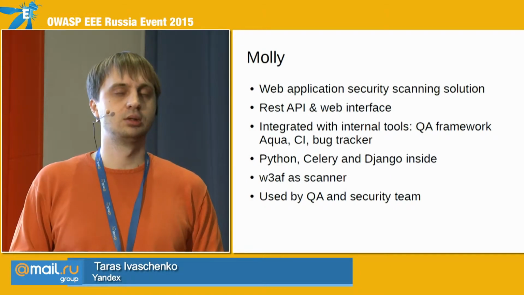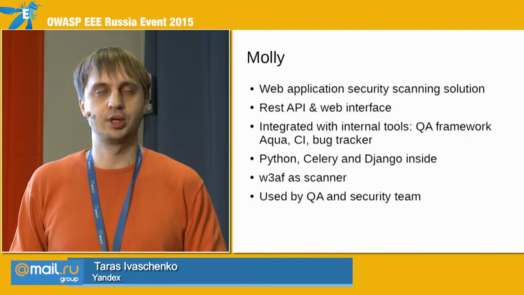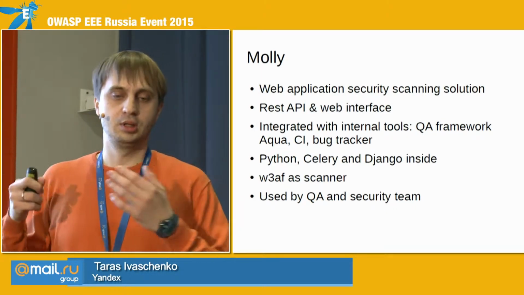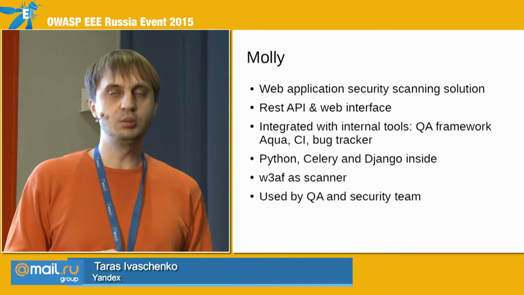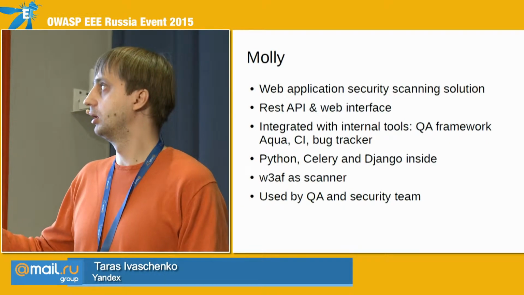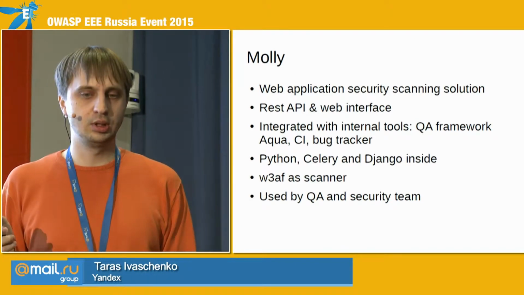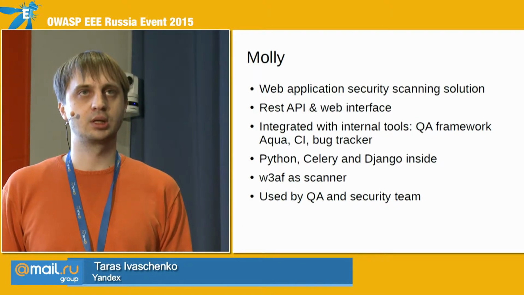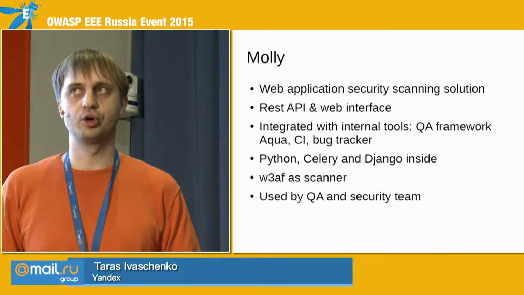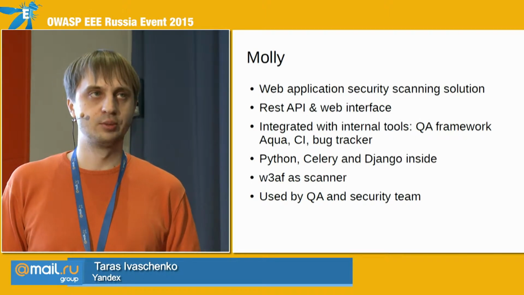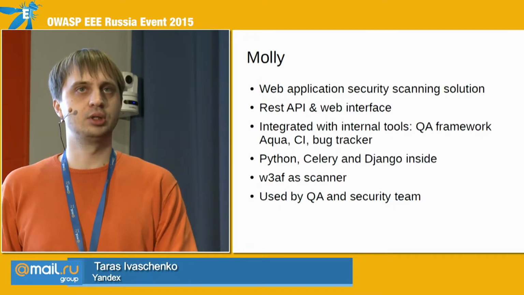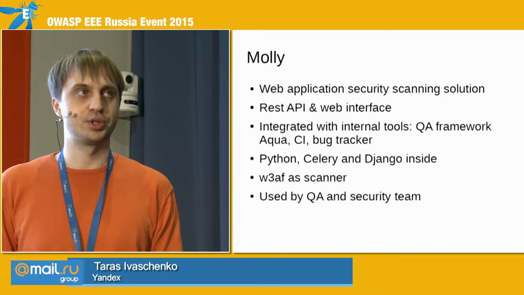It has a rich REST API and a web interface, and it's used by our quality assurance team and by ourselves. Another important thing is that it is integrated into our internal tools like the bug tracker, the quality assurance testing framework, and other stuff. It's very important because it's easy to integrate into existing development processes.